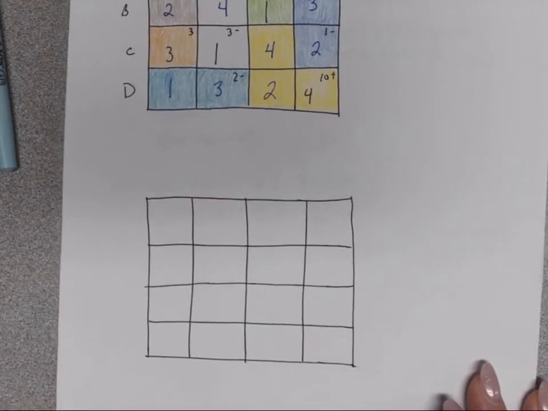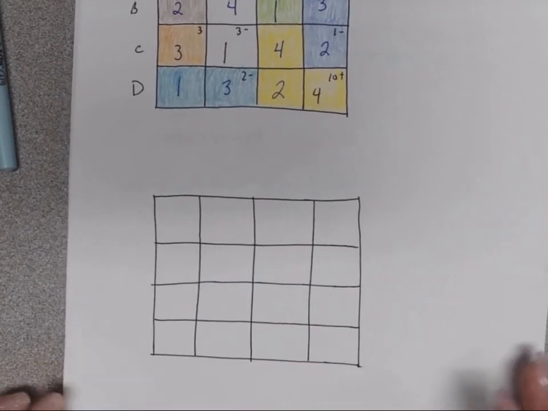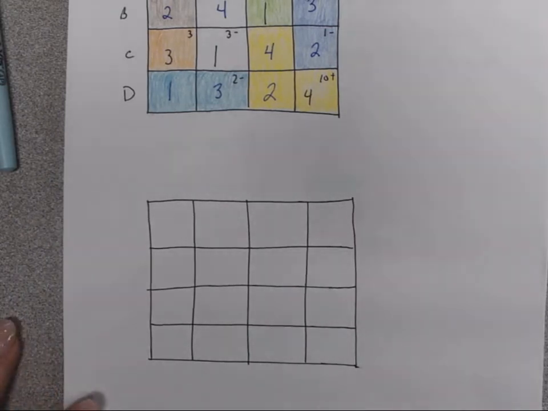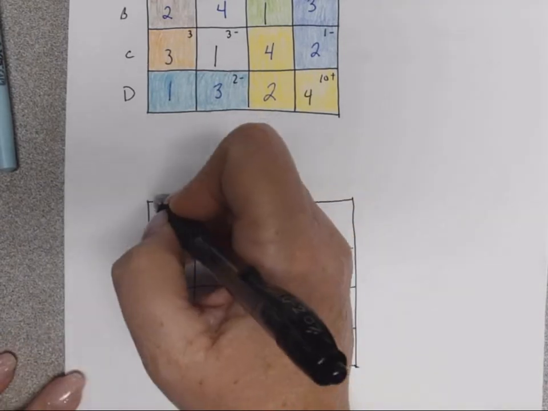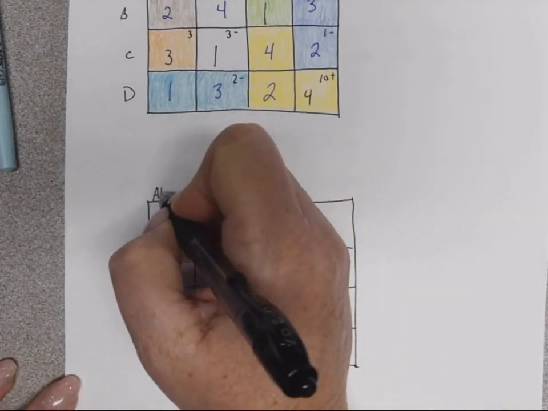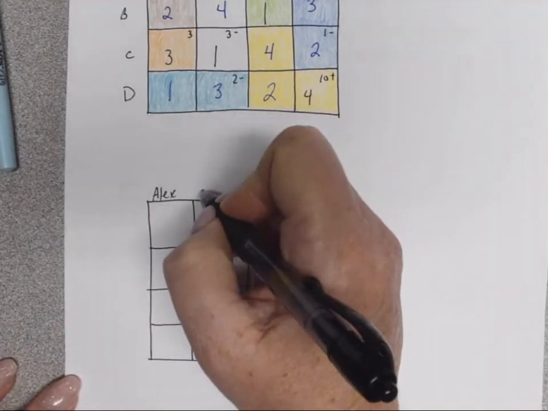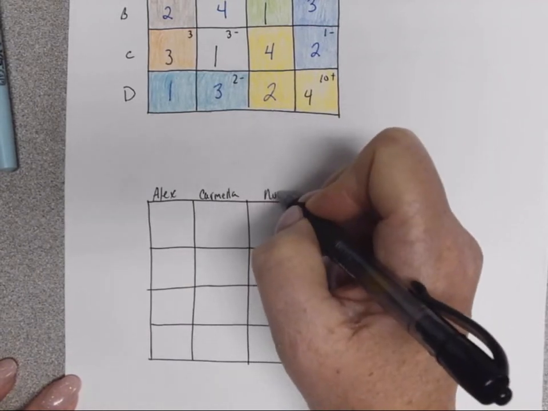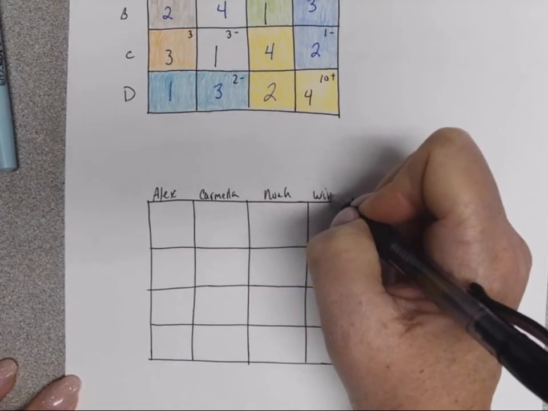All right, so we figured out we have 4 people that are involved in our puzzle. We have Alex, Noah, and Winnie that they told us about, and we also have Carmela. So we have Alex, Carmela, Noah, and Winnie.